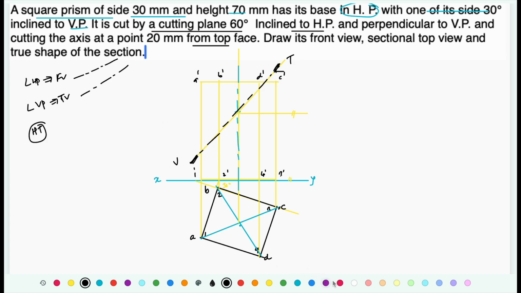Now the object is being cut from one end to other end, so it is cutting certain vertical edges as well as it is cutting the top face also over here. So we need to provide names to all those intersection points.